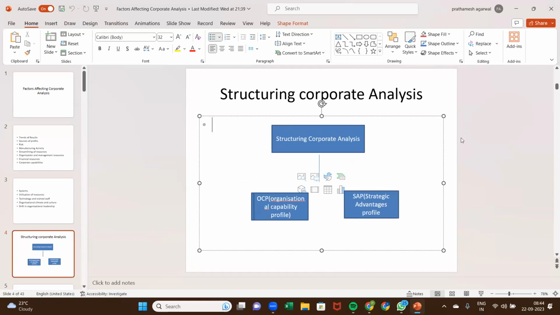Then structuring the corporate analysis. It can be done in two ways. One is called OCP, Organizational Capability Profile, and the other one is SAP, Strategic Advantages Profile. Now, let's see first what is an OCP.